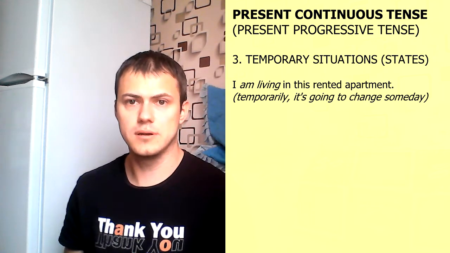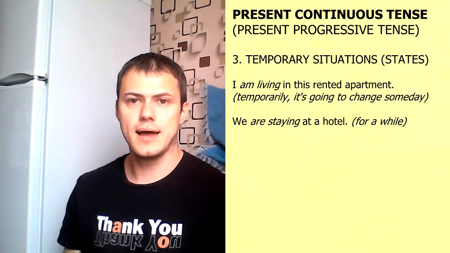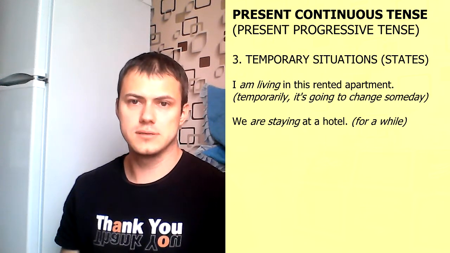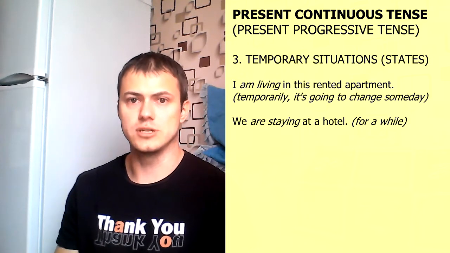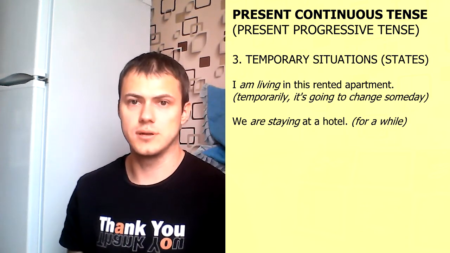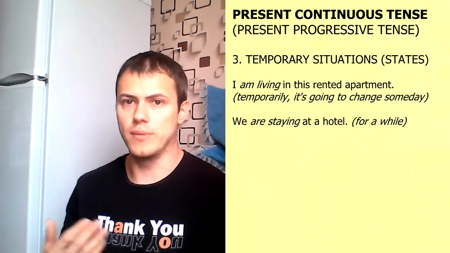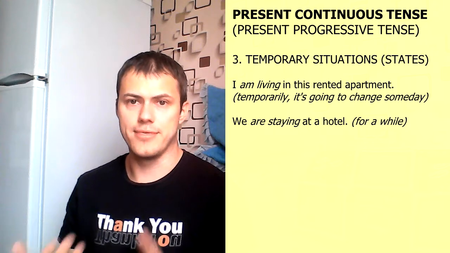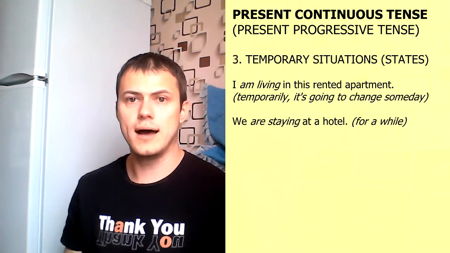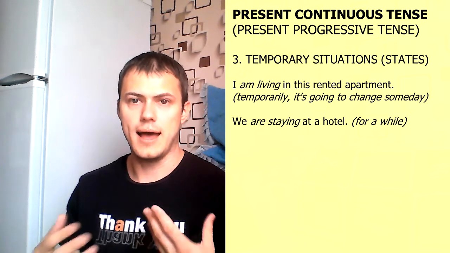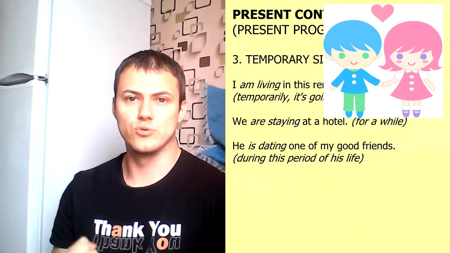It is happening around now. We are staying at a hotel. This is, one more time, not a permanent situation. This is a temporary situation. We are staying at a hotel maybe for 2 weeks or maybe for 2 days, and then we are going to move on. He is dating one of my good friends.